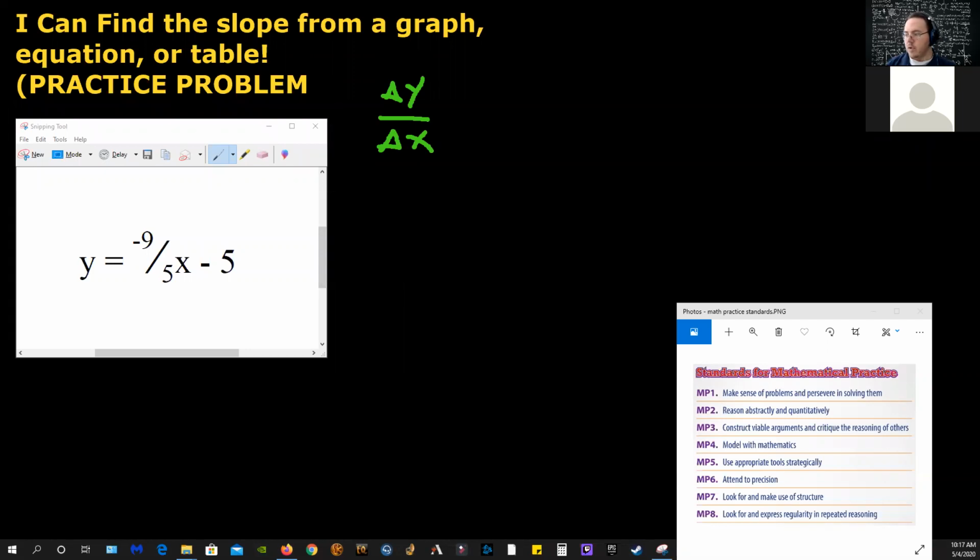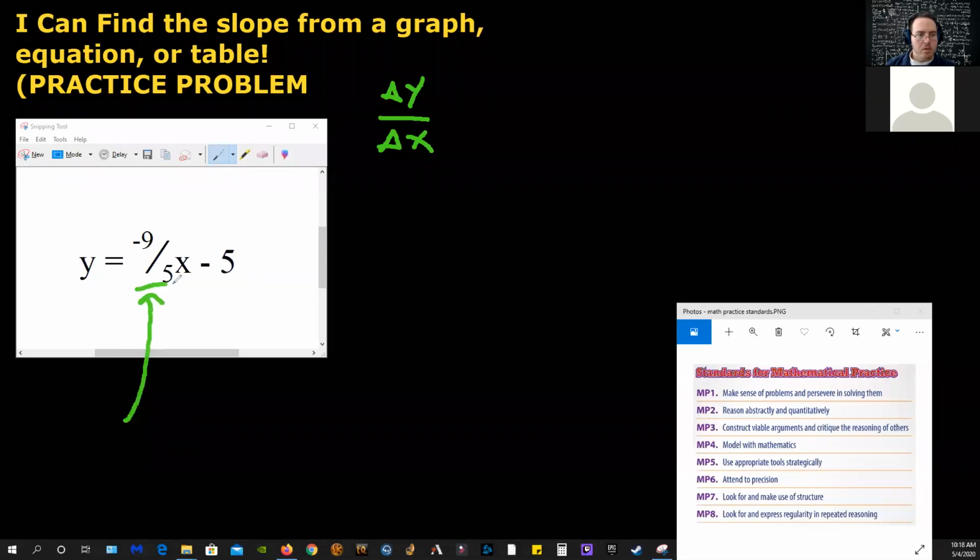If you know what you're looking for, it's staring you right in the face. Yep, you guys can see it. It's right there. The slope, which is m, is equal to negative 9/5.